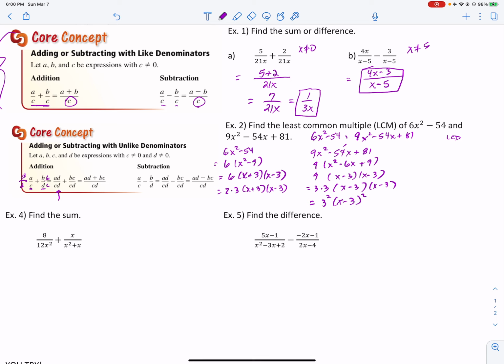So now we need to take each factor that we see, and we have to take it the number of times it repeats the most in any one term. And so for that least common multiple, I see a 2 in the first one. I see a 3, but in the second one it is squared, so I have to take it to the highest power.